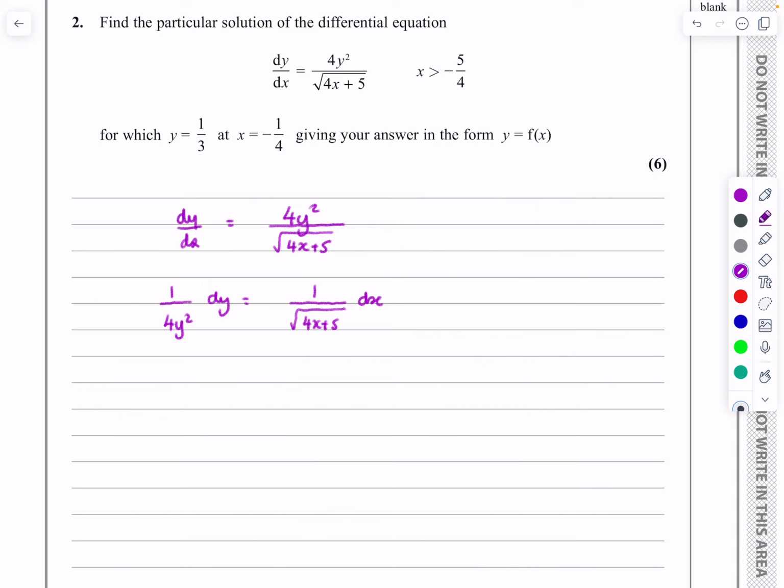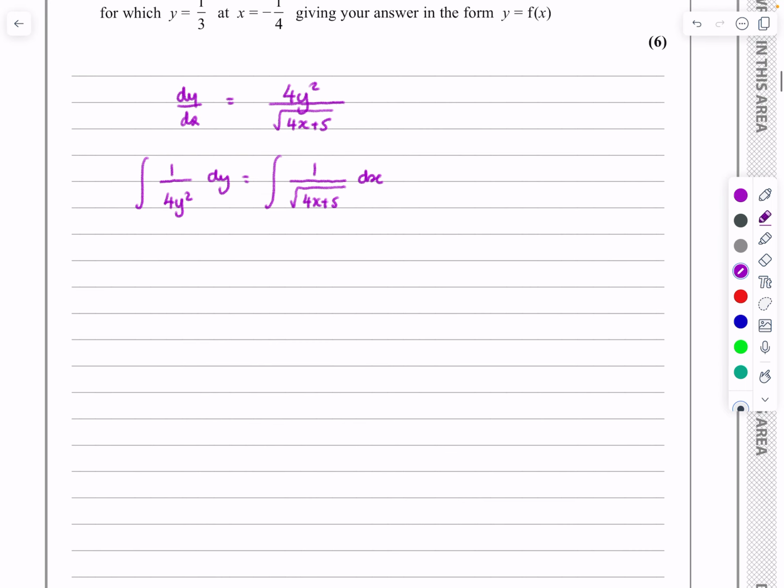So then we can say integrate, tidy both of them up so I can at least take out the 4 there and have 1 over y squared. I mean, if you want to, by the way, you could take the 4 up to that side and have it outside there.